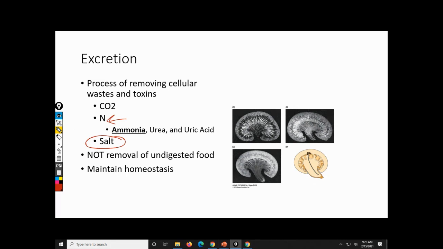So a lot of nitrogen in your body. Think about amino acid breakdown, protein breakdown, nucleic acid breakdown. A lot of the nitrogen from those compounds are not going to go the route of fecal matter. That's going to go the route of your kidneys and ultimately your urine.